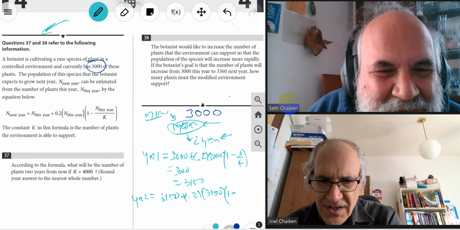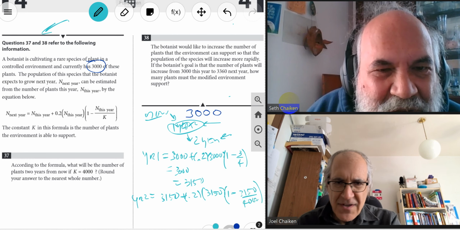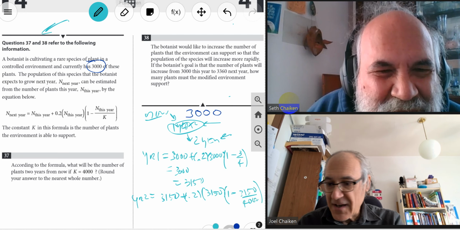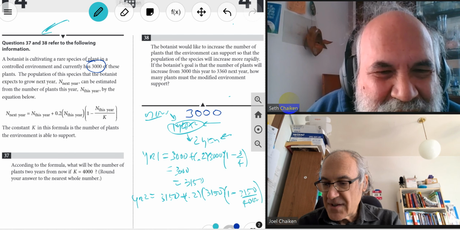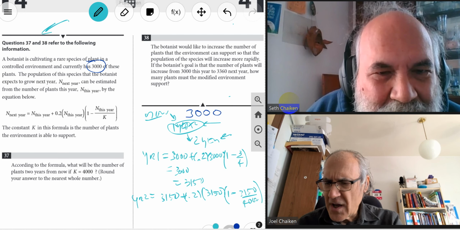Now, this really is a calculator question. This is serious calculator work. 3,150 divided by 4,000 is that. Now, we're going to subtract from 1, and multiply by -1.